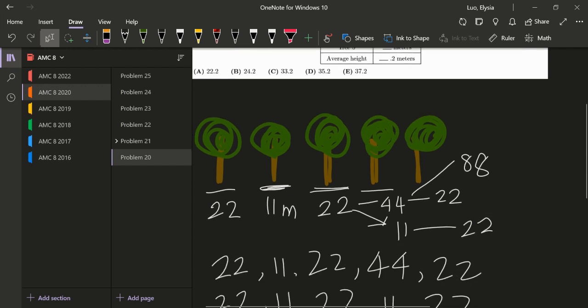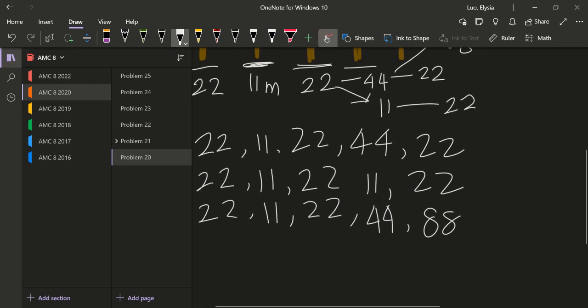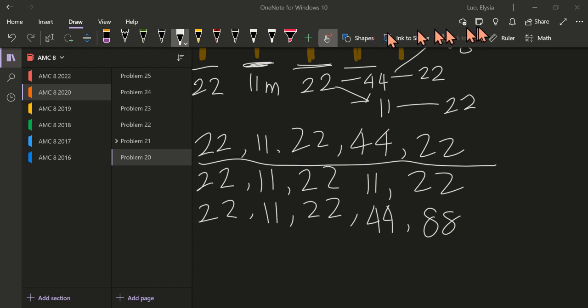So what are we going to do? We can try out the first one to see if it works. And so how do we find the average? Well, you do 22 plus 11 plus 22 plus 44 plus 22 and divide that all by 5. So I'm going to pull out my calculator here and let's calculate that together.